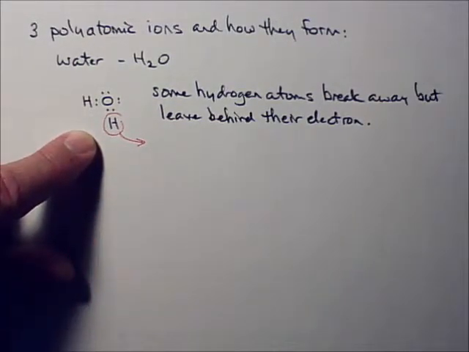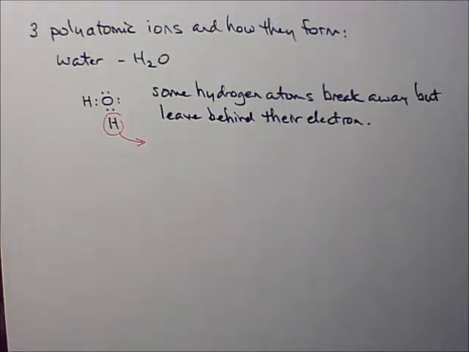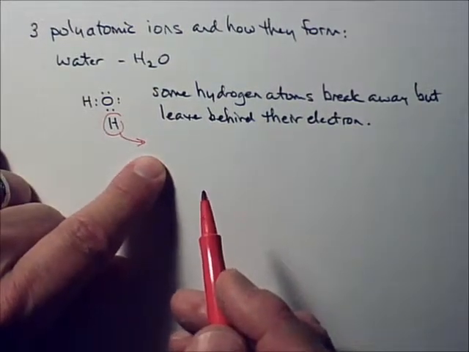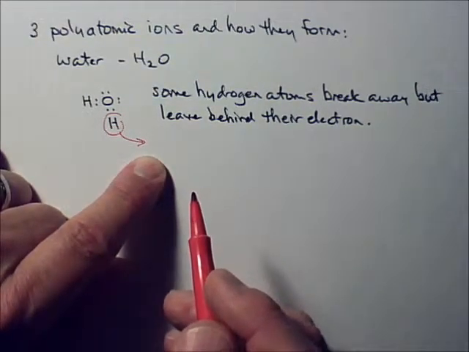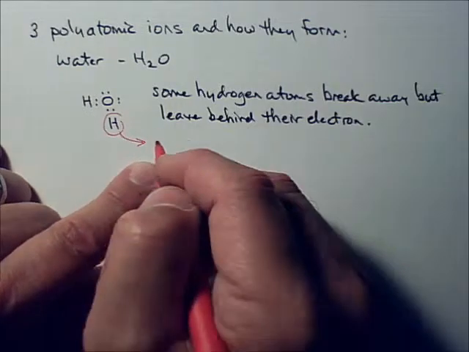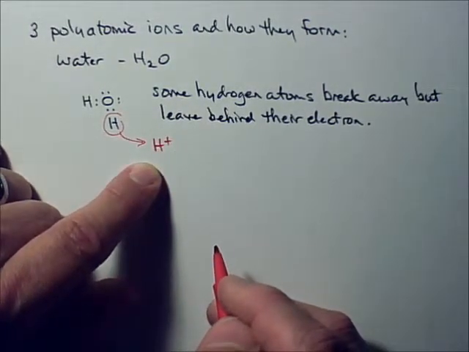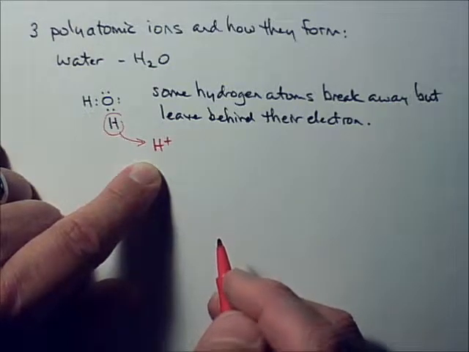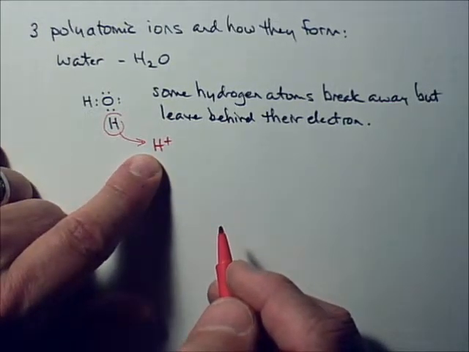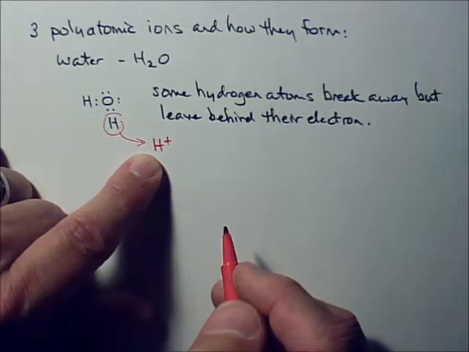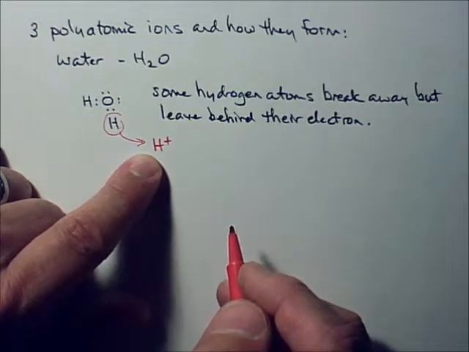Now, it was a neutral atom with one electron and one proton. If it leaves behind its electron, what do we have? A positively charged hydrogen ion. Since a hydrogen, for the most part, is just a proton and an electron, if we leave the electron behind, this is a proton. So it's called deprotonization.